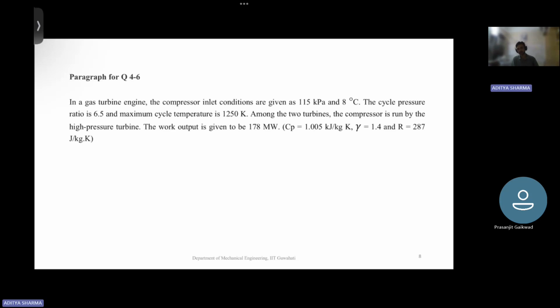In that case, let's see question number 4 to 6.